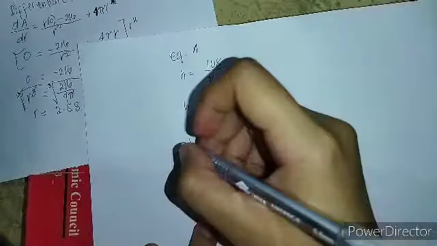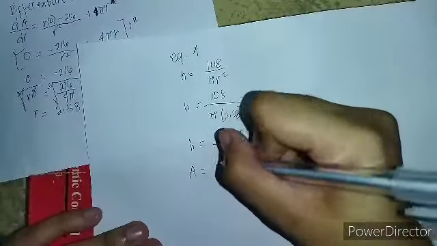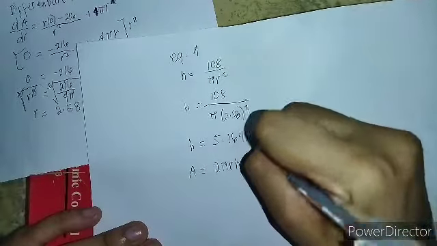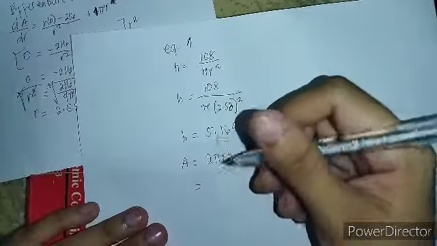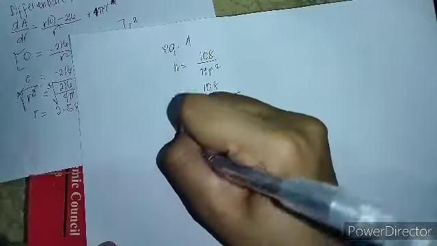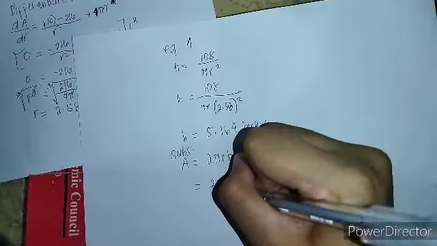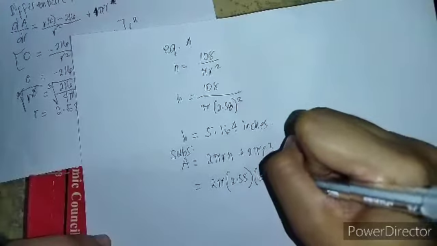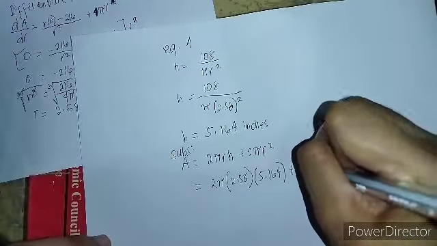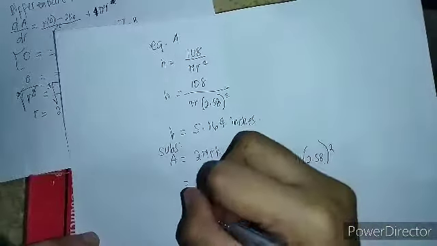We can get the value of our area, which is in square inches. So we have 2 pi r h plus 2 pi r squared. We have a value for our h and r, so we substitute it in this equation. We have 2 pi times 2.58 times 5.16 plus 2 pi times 2.58 squared.